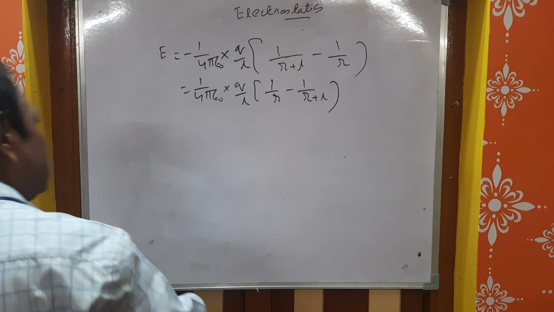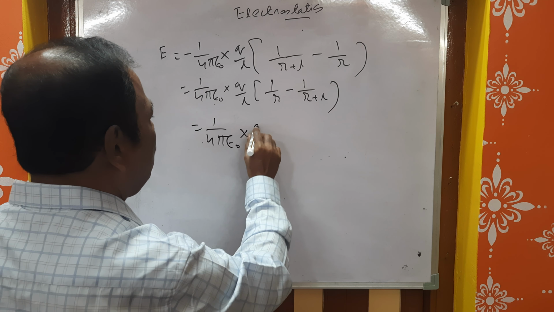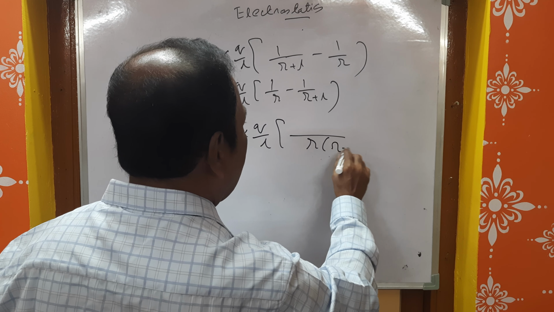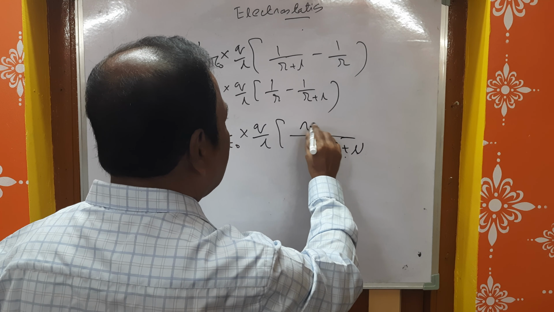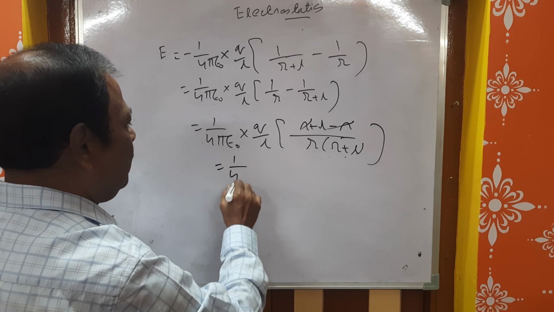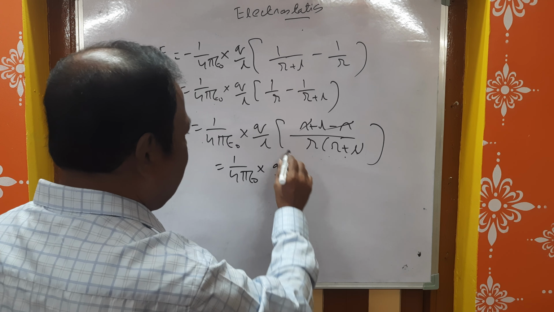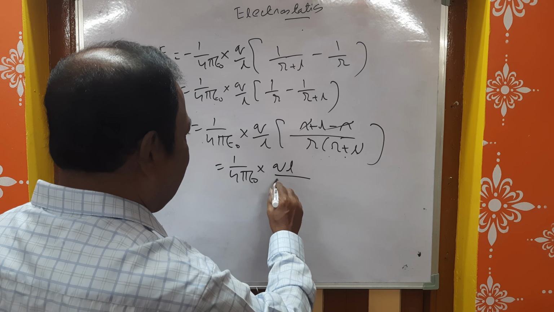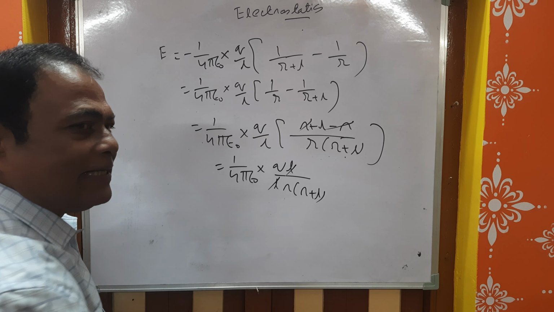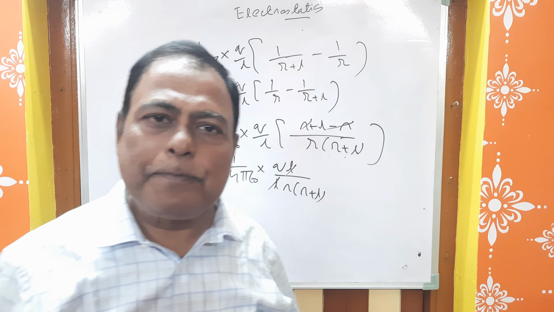So I can write 1 by 4 pi epsilon naught into q by L into (R plus L minus R) by R into (R plus L), that is 1 by 4 pi epsilon naught into QL by L into R into (R plus L). L and L cancel out, so E is equal to 1 by 4 pi epsilon naught into Q by R into (R plus L). This is the intensity formula. I think all of you are clear, no problem.